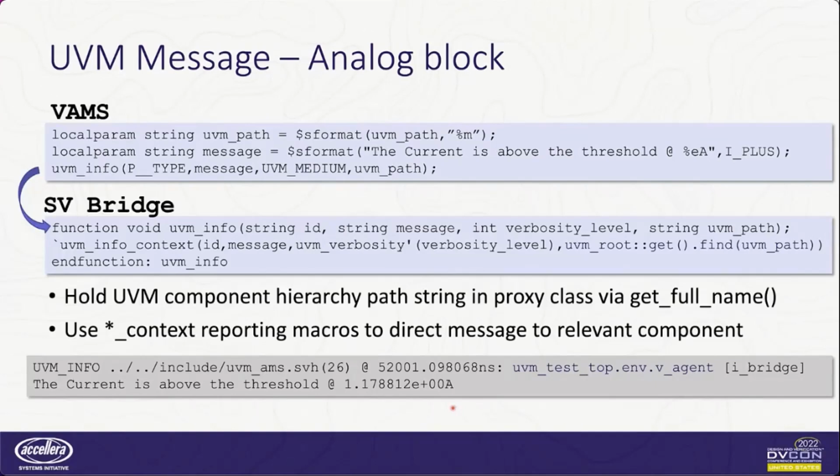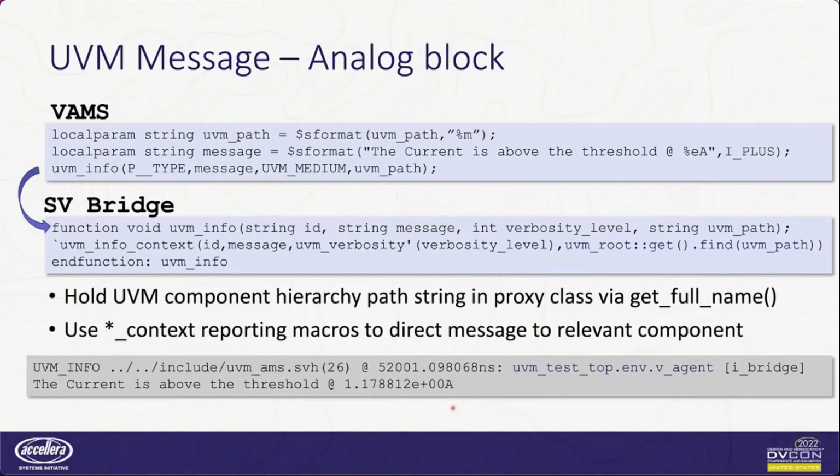So you notice that it's the UVM info function and not the macro. So it will use upscoping to look into the bridge. In the bridge, it will find that UVM info function. All the arguments get passed into it from the analog resource, and then those get passed into the actual UVM macro, in this case tick UVM info context, where we can pass in the ID, message, verbosity, and the path.